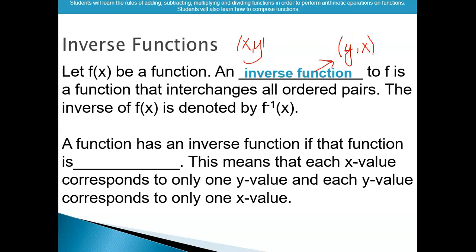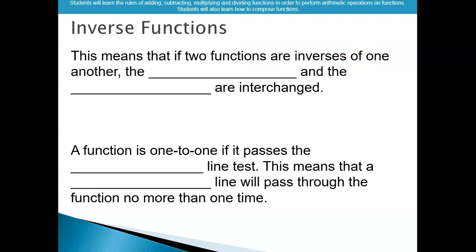A function has an inverse function if that function is a one-to-one function. Now that's the only time it can be an inverse function, is if it is one-to-one. So in other words, we said a function is each x has only one y. Well, in a one-to-one function, each y has only one x. So not only are the x's only used once, the y's are also only used once as well.